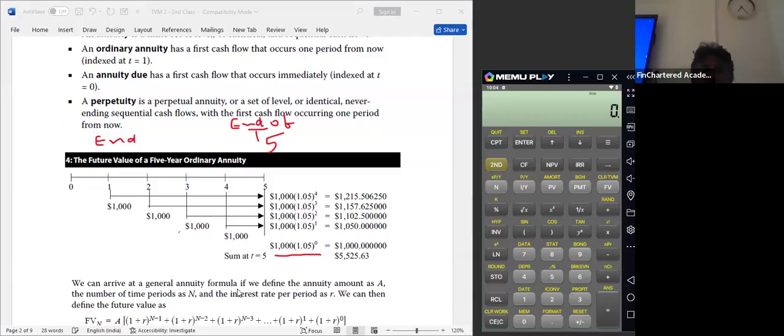So then, can you tell me why this FV is higher, guys? Here the FV is 5525.63, but here the FV is 5801. Can you tell me why it is higher here as compared to 5525?